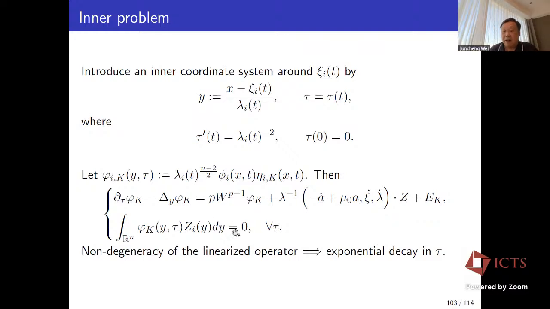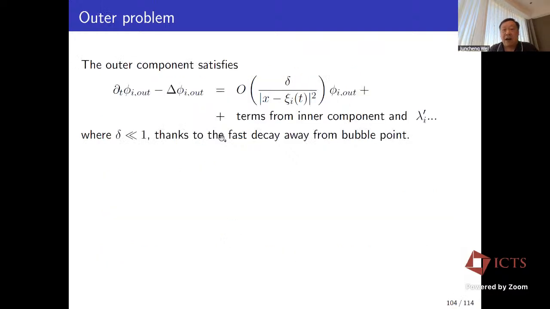And for the outer problem we have a linear heat equation, but we have a lot of small Hardy terms, because the Hardy terms are like delta over |x − ξ_i| squared. And we have the cutoff terms from the inner to outer.